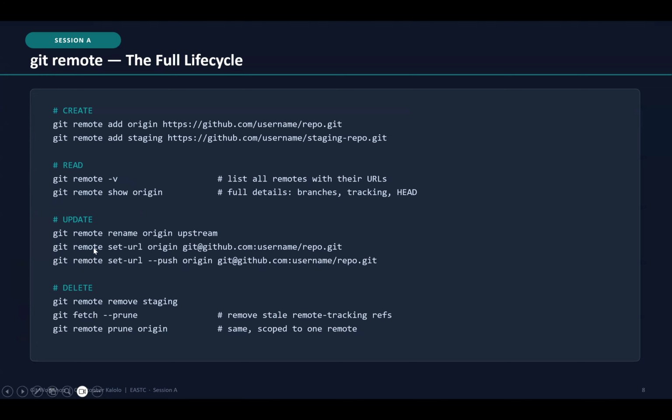But now I want to show you how we can rename or change the URL, because sometimes you might have pointed your local to a remote which is wrong. Or sometimes maybe the remote has been renamed, something like that, and you want to make sure that you're on track.